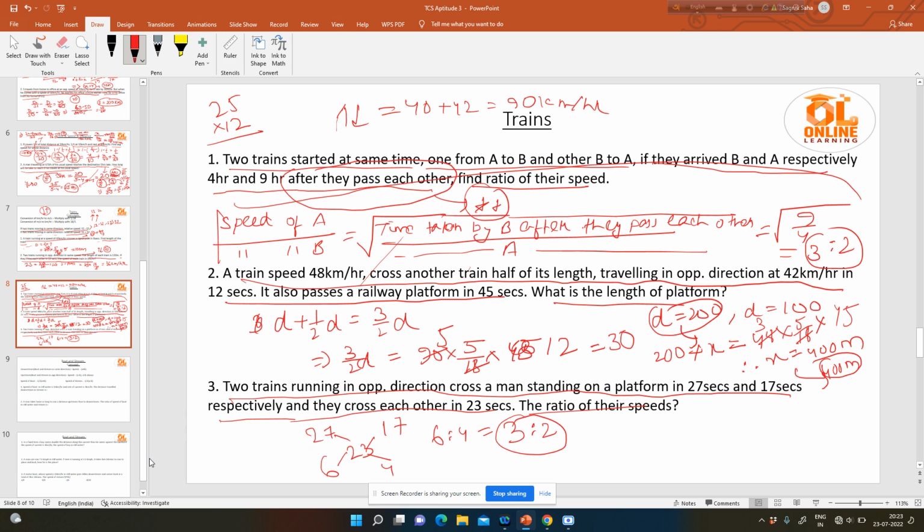Whenever it is given that two trains are crossing a man or a pole or something like that, or also you can say crossing a station, and also it is given they are crossing each other and some time is given, you can directly apply this mixture and allegation trick by neglecting the negative sign. Okay, so hope you have understood.